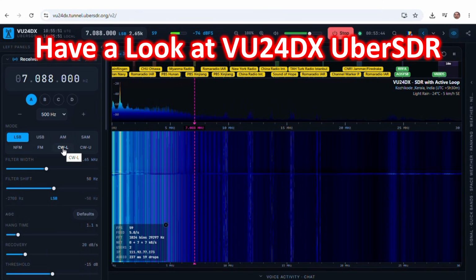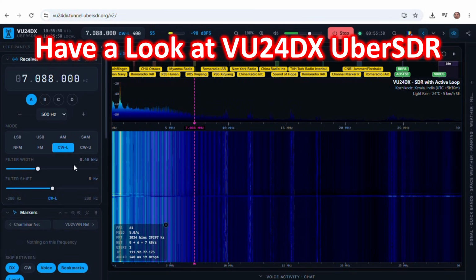If I put on CWL, yeah, VU3JUS is blasting in. For CW, the filter is very narrow. You can see 0.4 kilohertz. So all the audio will be cut off for an LSB station. CWL corresponds to LSB, and CWU corresponds to USB.